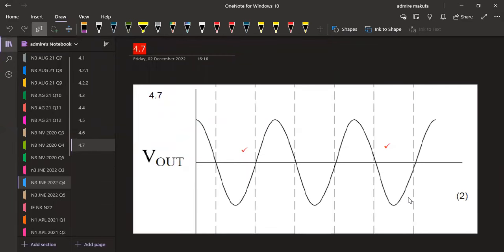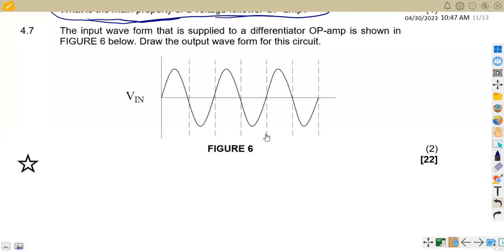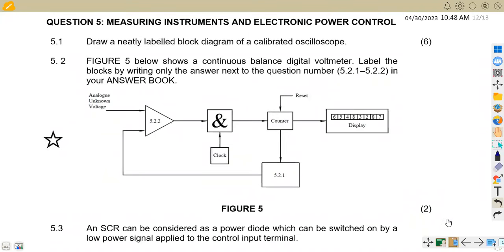Sometimes they can give you the input as a square wave. This was a sine wave, so we are going to have it as a sine wave in the output in this case. If it is a square wave, then we are going to change. If you check the question paper of February 2022, I explained when it was given as a square wave. Please make sure that you watch that video so that you can have more on that one.